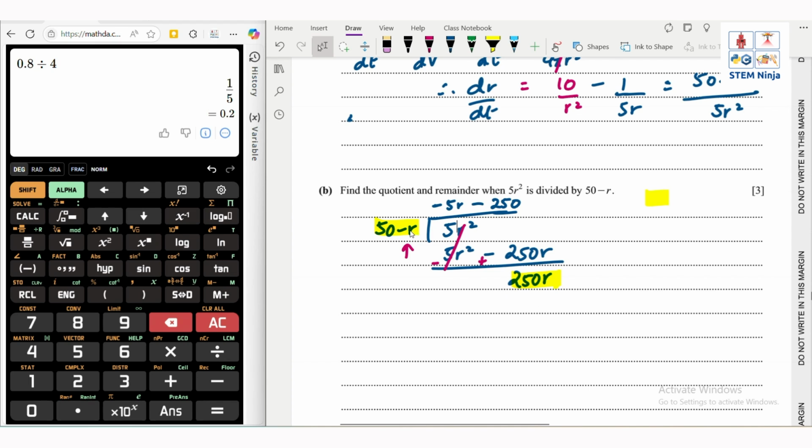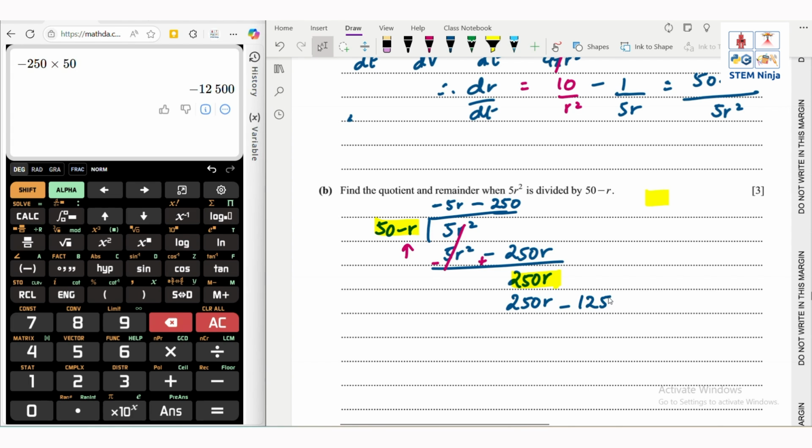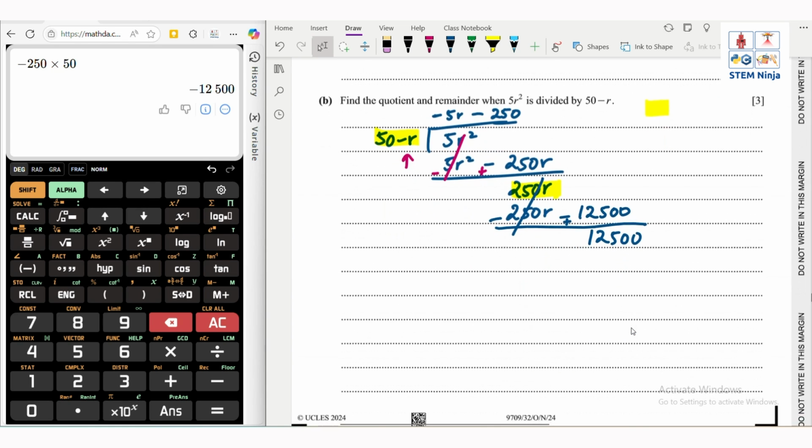So this would be minus r minus 250. That is just positive 250r, and minus 250 times by 50 is minus 12500. When we subtract, we change the signs. We get 12500. This is the remainder.